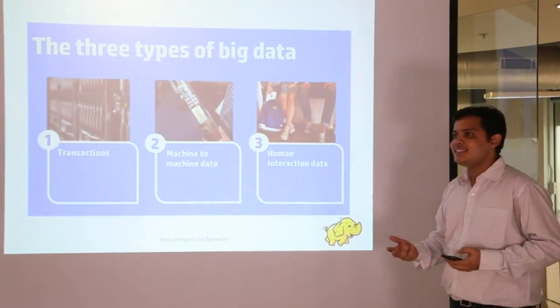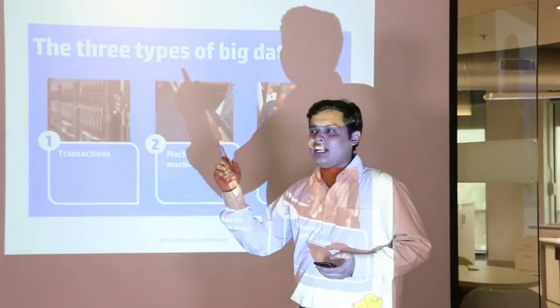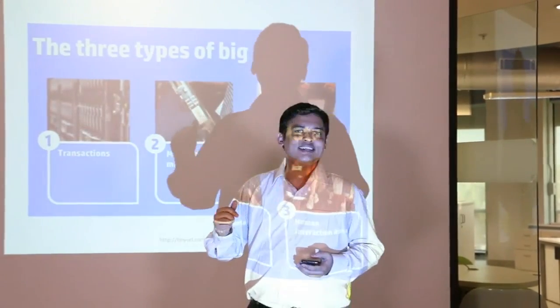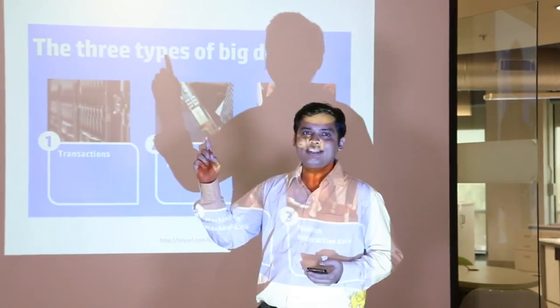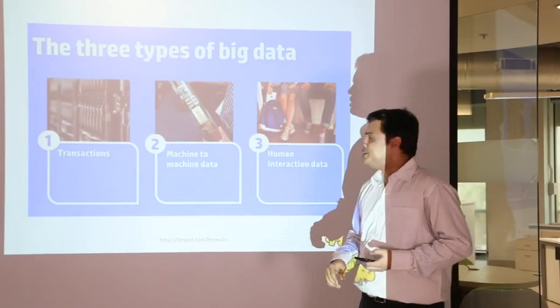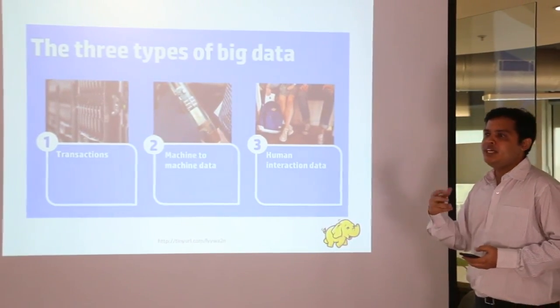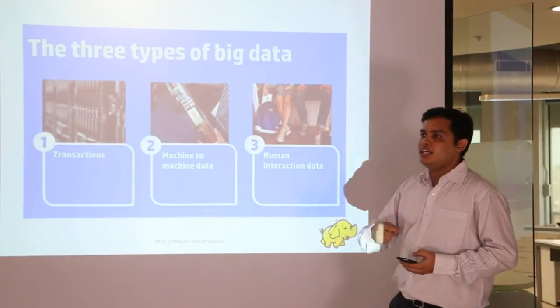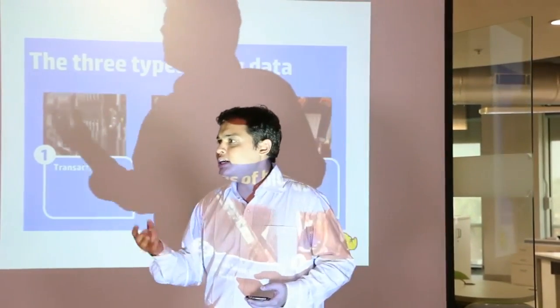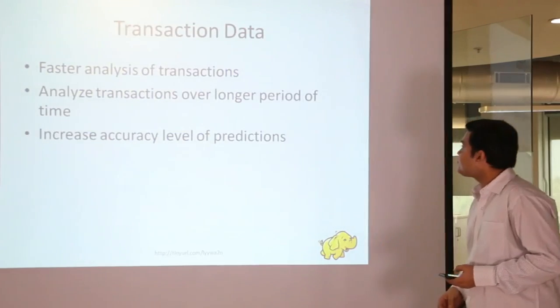Any examples? We have one live case in security for this. Is Nishad around? Nishad is one of the cases, and I will explain why it's machine-to-machine data. The third is human interaction data, which is data generated by humans: posts, feeds, content, likes, all those things.